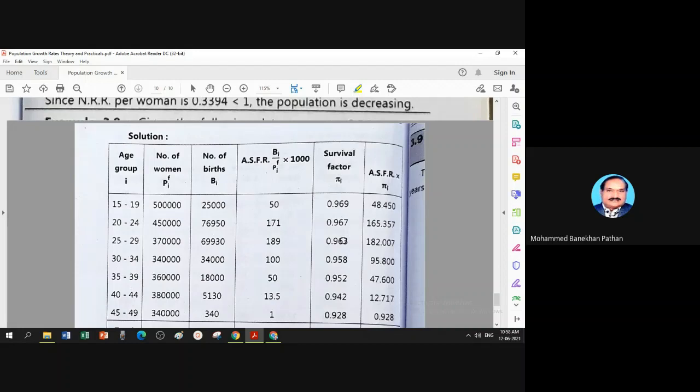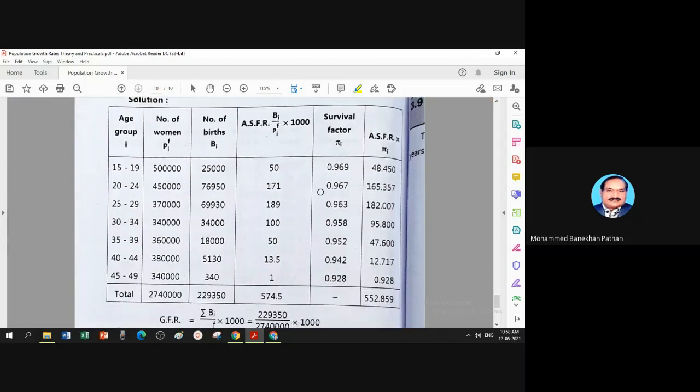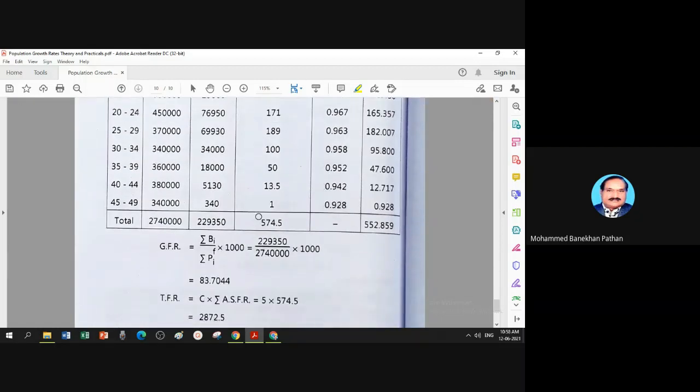Survival factor, this product multiplied by this equals this. Here the equal sign is forgotten. After having the total of respective columns, this is the total female, this is the total birth, this is the total of ASFR, and this is the total of ASFR multiplied by survival factor.